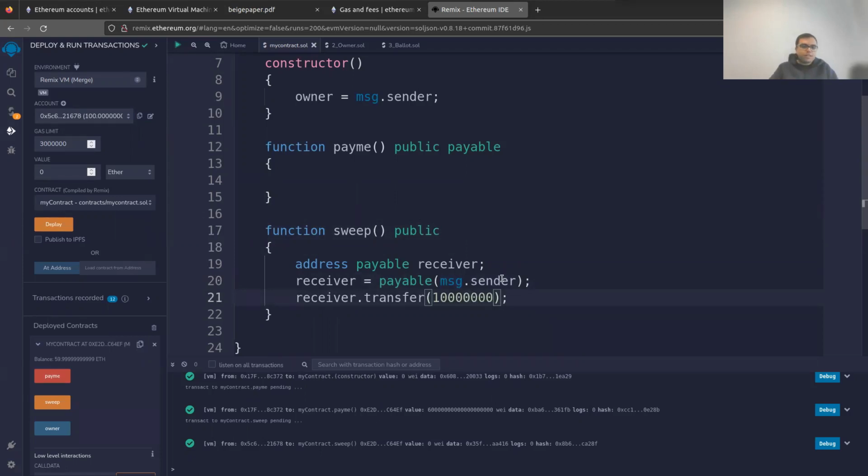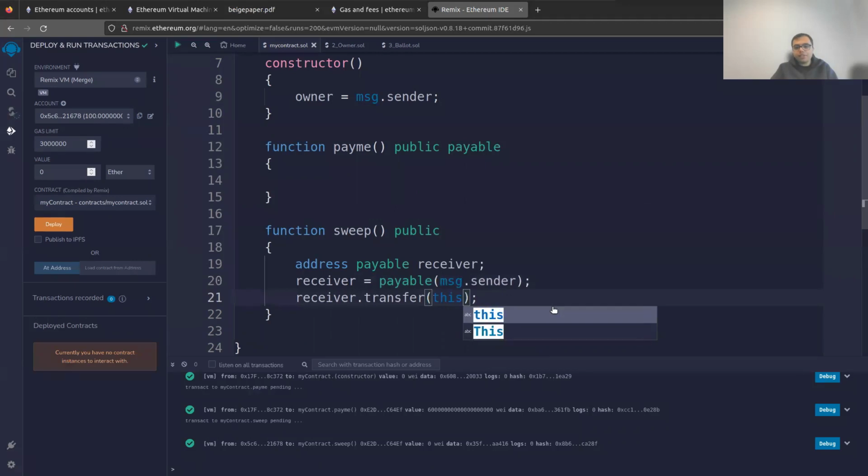But how can I say that I want this contract to send its entire money? Well, I have to somehow get the balance of this contract. Now, the way I can refer to this contract is that I can just write this, right? So very similar to how things work in C++ and Java.